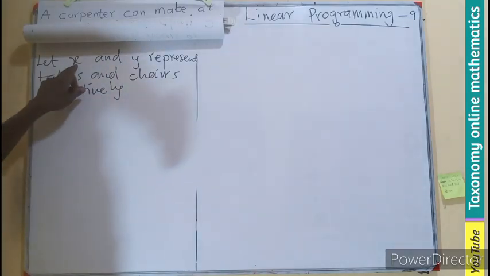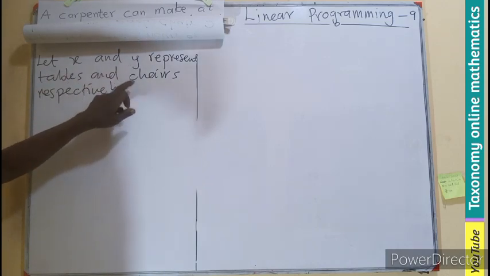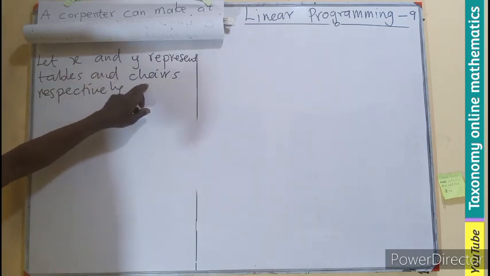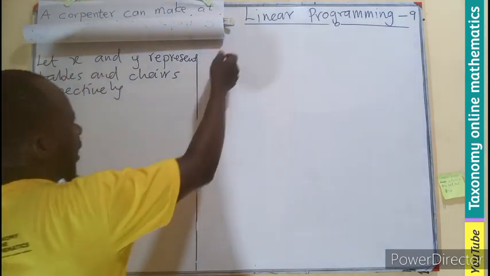So X is representing tables, and Y represents chairs.